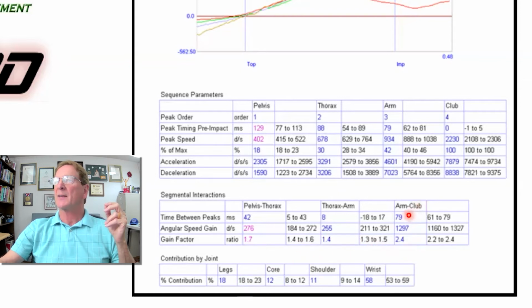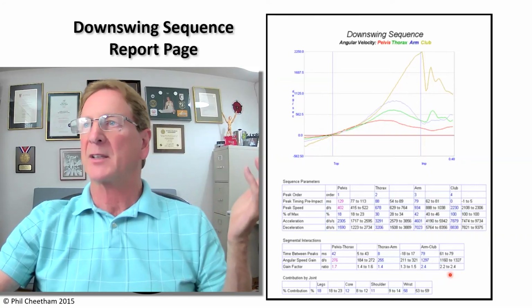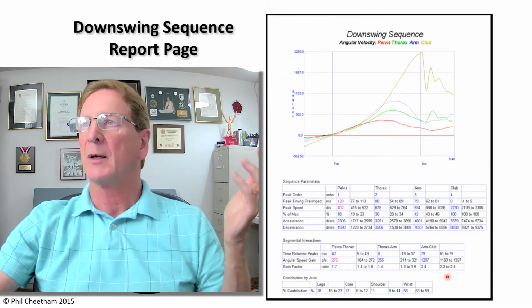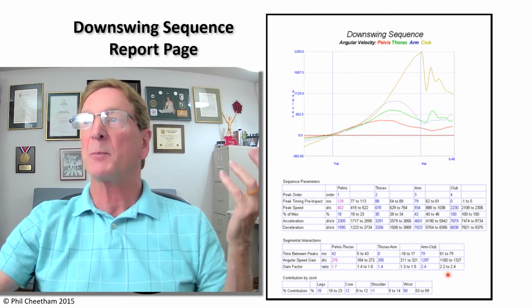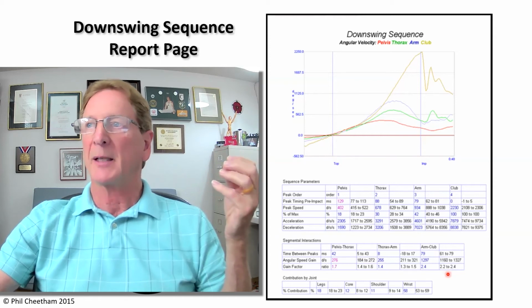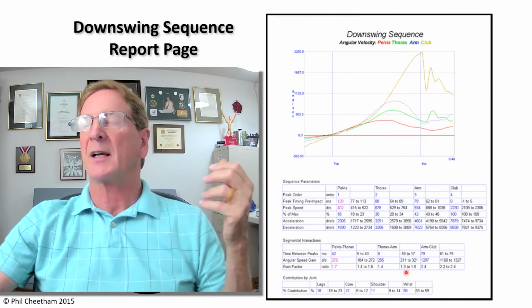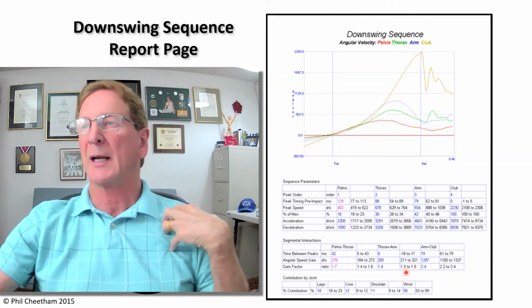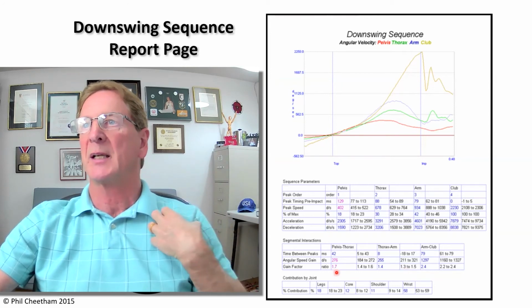And then we looked at the arm to the club, and we found a gain factor of about 2.3. So you could kind of think of this as like a smash factor for the body, if you like. There's kind of like a whip factor here from the arm to the club, and the speed gain is about 2.3 times typically. And then there's the thorax to the arm, which is kind of like the shoulder, how much the shoulder increases the speed, and then how much the abs can increase the speed.